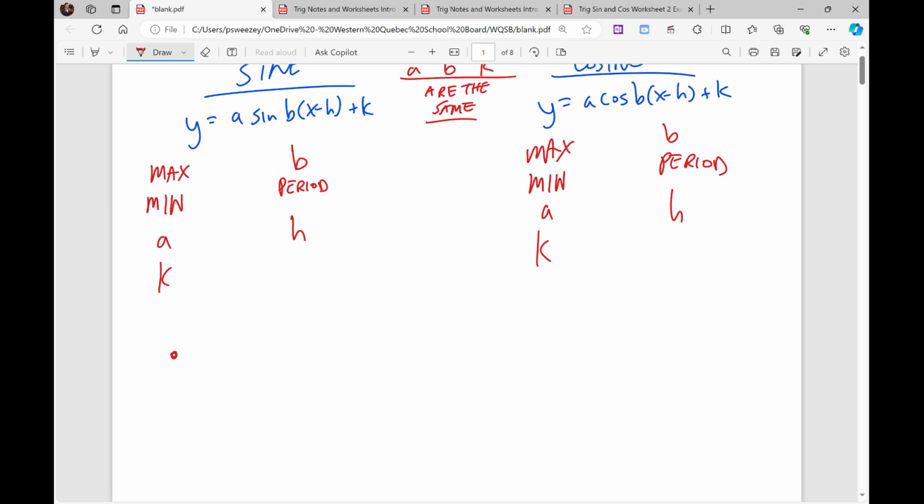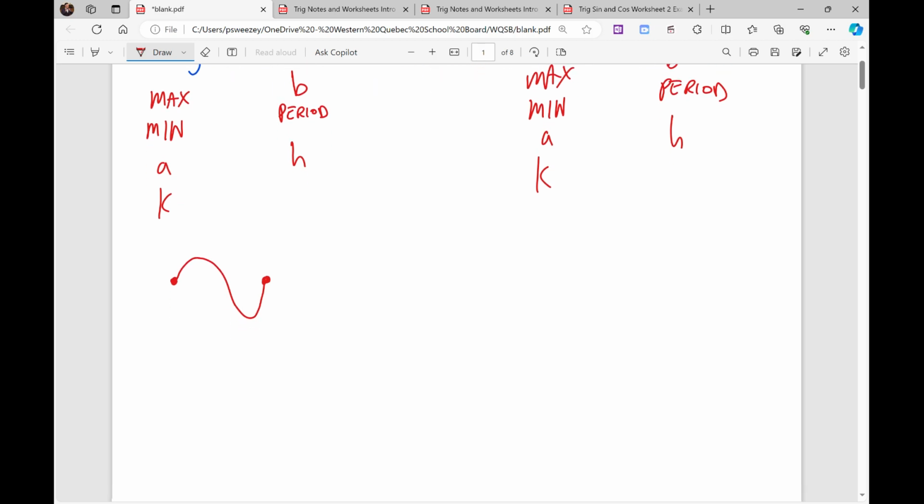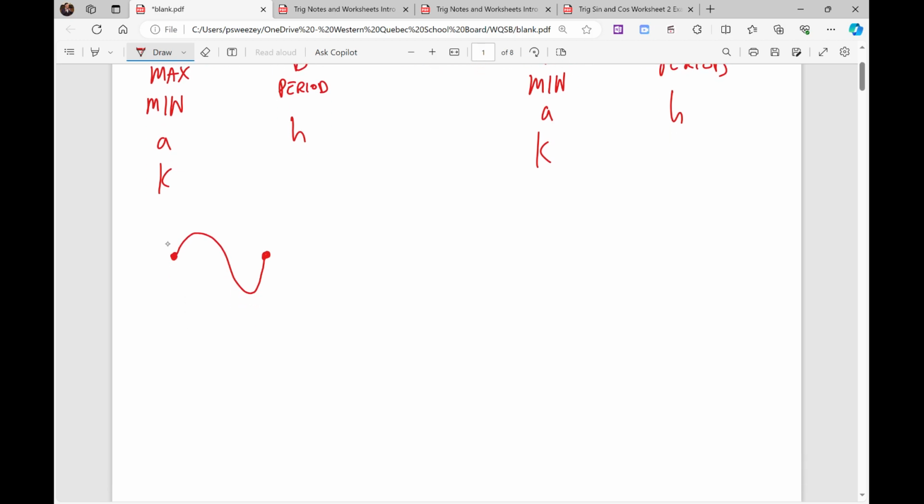Sine functions start halfway and go like this. They can either start by going up, or they can go down and then up. Down and then up. Okay?